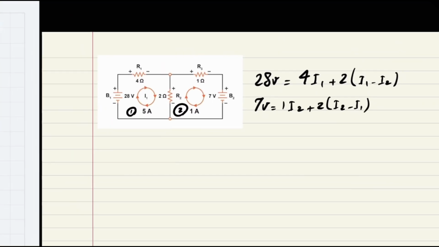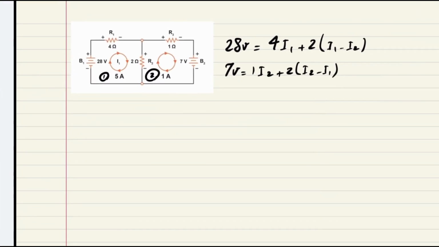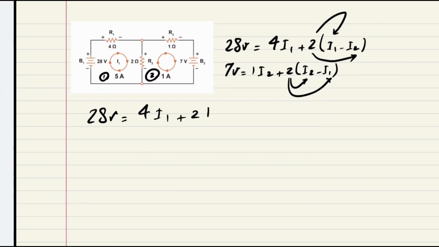So I have two equations, and the only thing I have to do is expand the parentheses, put all of the numbers on one side and all of the variables on the other side, and then I can solve the equations. So my 28 volts would equal 4 I1 plus 2 I1 subtracted by 2 I2.